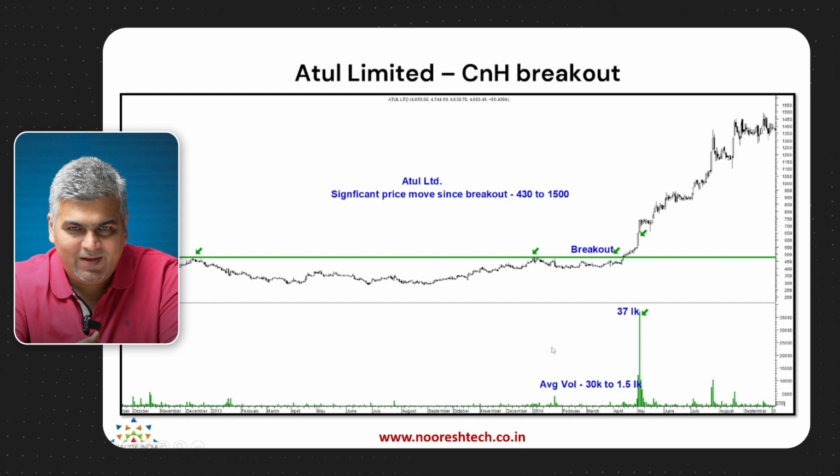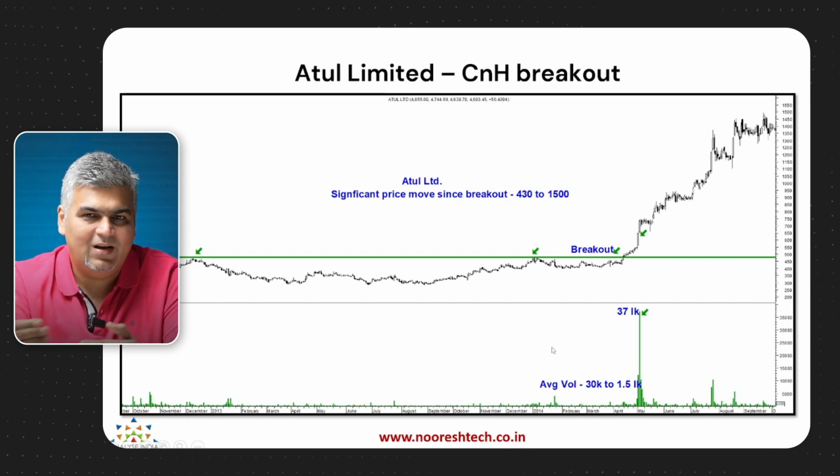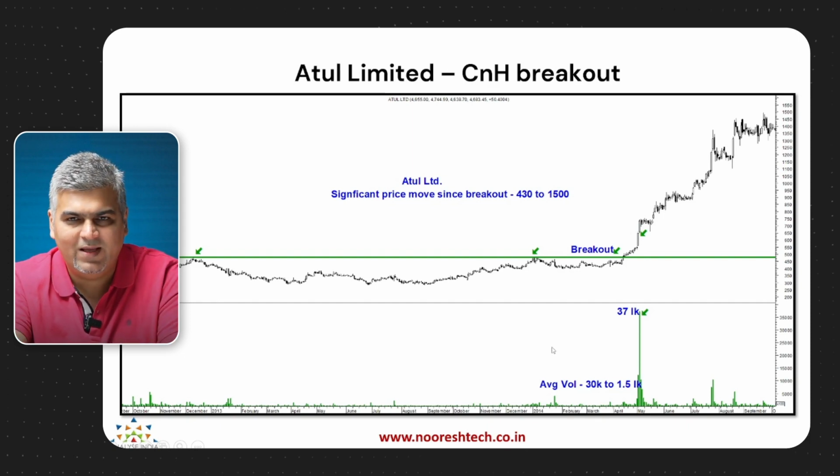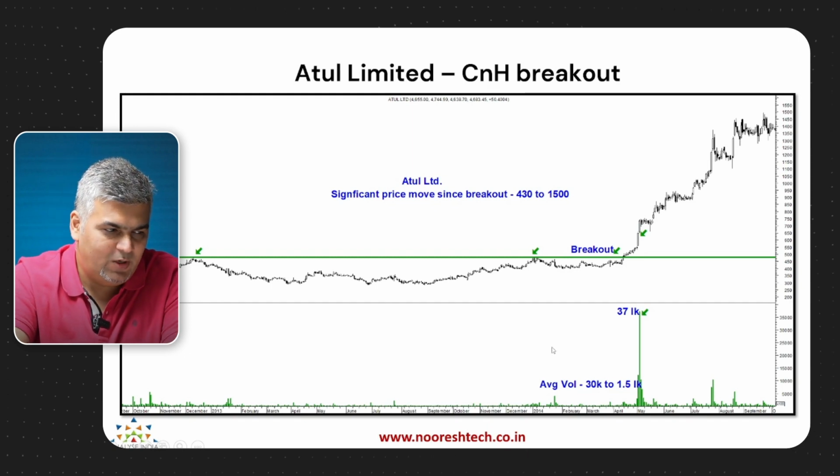Then we take another example, another classical cup and handle. You saw it with Aarti; we'll take another example which is a chemical company again. That is Atul Limited, a classical 450 to 480 price point in 2013, the same price point at the end of 2013, and the same price point in April 2014. So a good 1.5 years spent in a classical cup and handle formation, then a huge breakout above that 450, 500 mark.